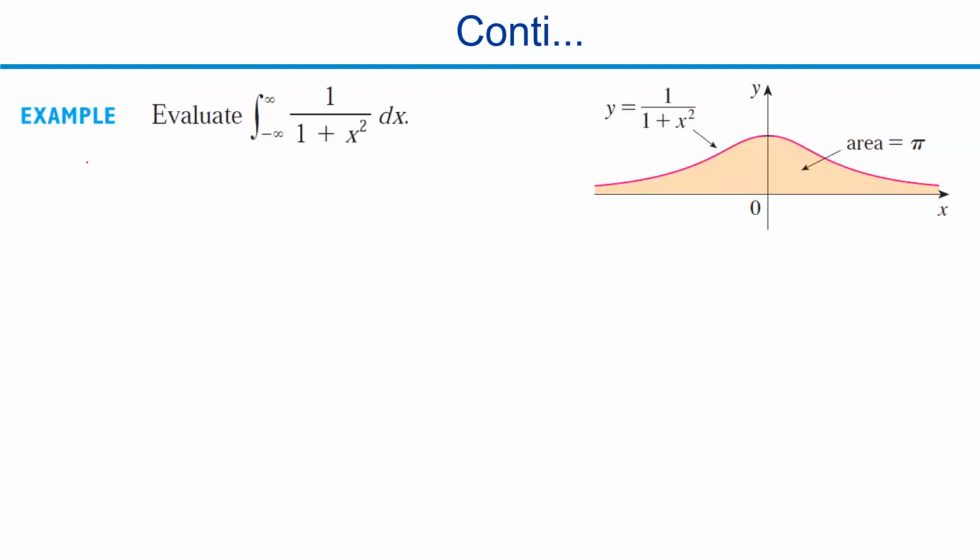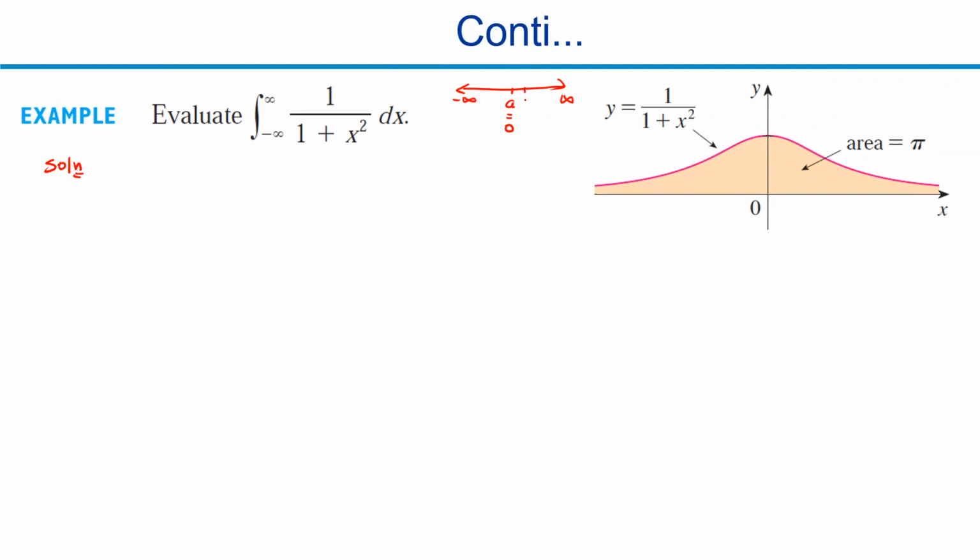This is the point. So solution, just as I told you, first you have to take any point between them. This is minus infinity, this one is infinity. So just A. What is A? If you take A equal to 0, it will make it symmetric and it will be good for calculation. Otherwise, you can also use any other number.